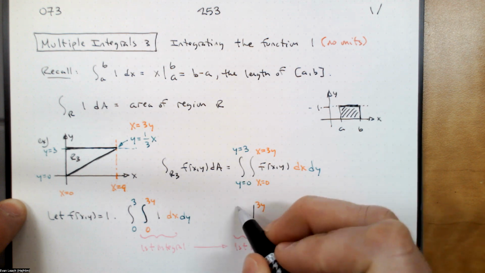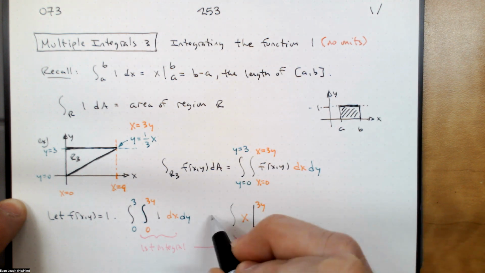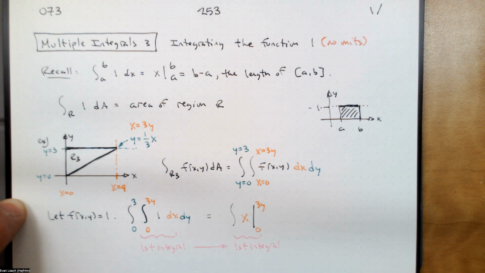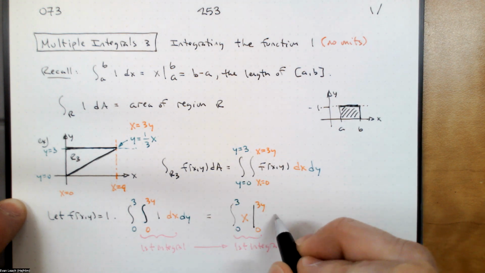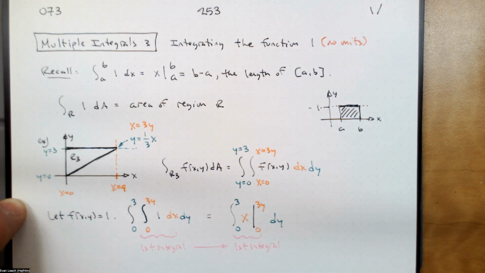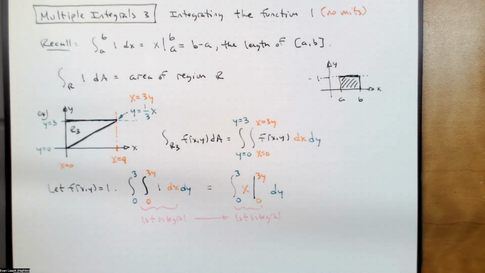We still have to integrate this from 0 to 3 dy. The integral of x from 0 to 3y is just 3y minus 0.